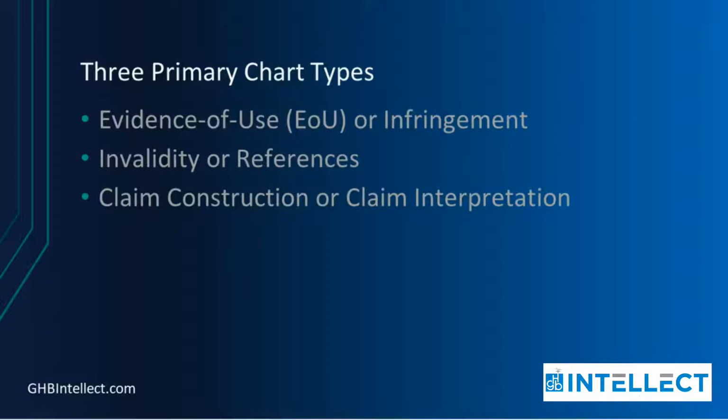An invalidity chart or chart of references shows invalidity of a patent due to anticipation or obviousness. It is prepared by a defendant or the party accused of infringing on a patent. A claim construction or claim interpretation chart shows patent specification or technical literature citations with proper interpretations of the language of a claim and is prepared by both plaintiffs and defendants.